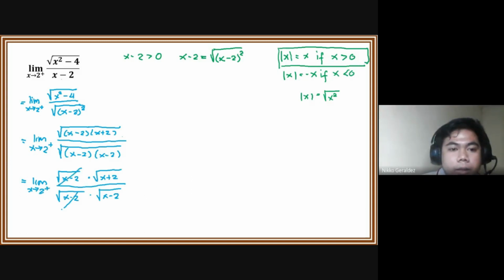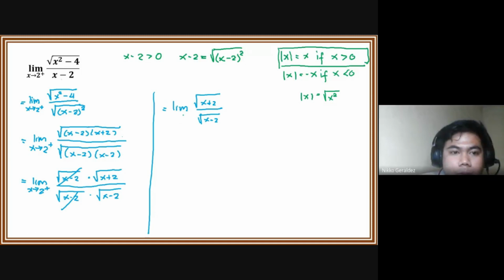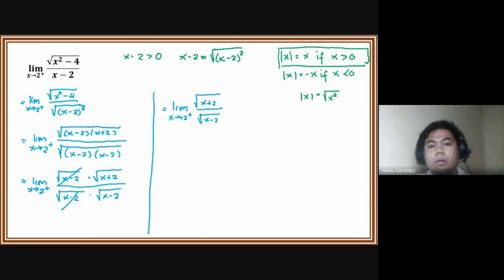So, ayun. So, cancel. So, we have limit of square root of x plus 2 over square root of x minus 2 as x approaches 2 from the right.